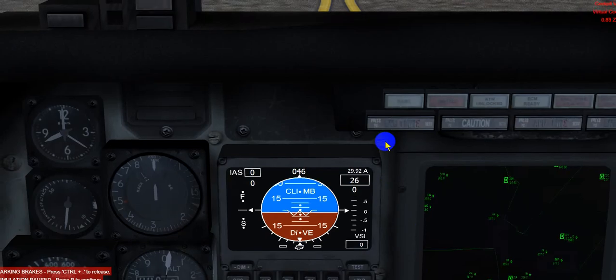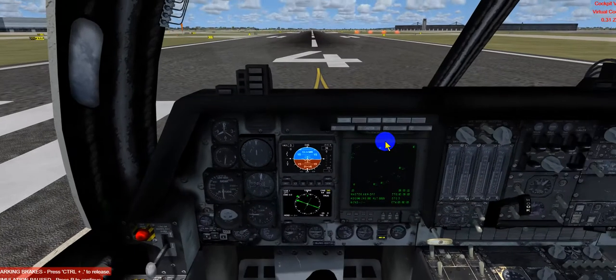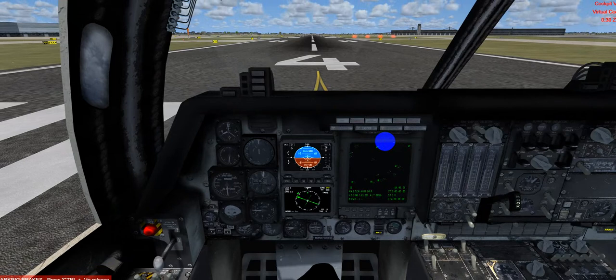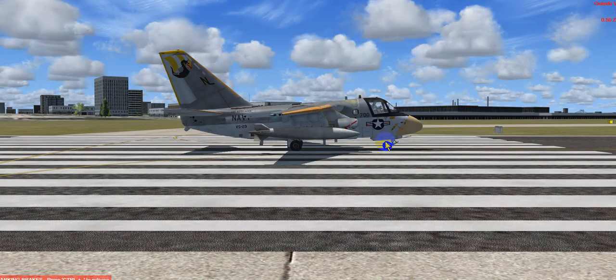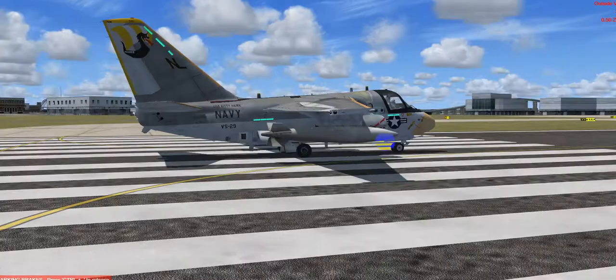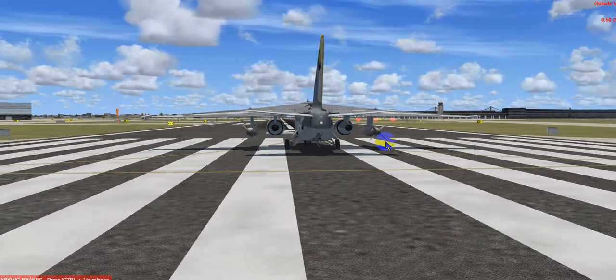All right, zoom out. So, like I said before, we're basically positioned on the runway, and we pretty much have a 0 degree angle of attack.